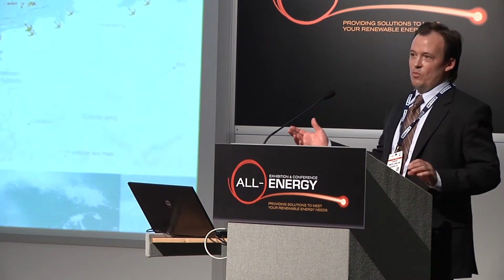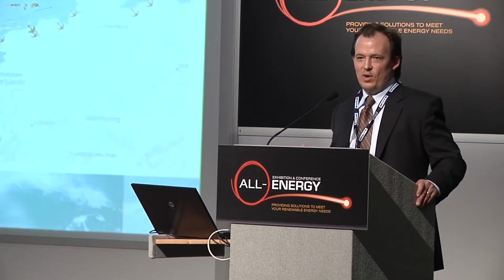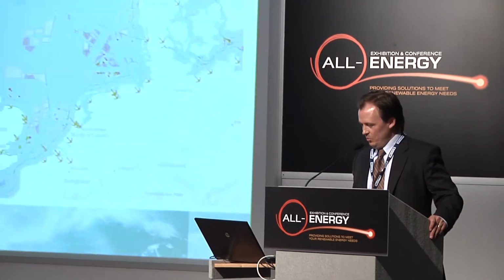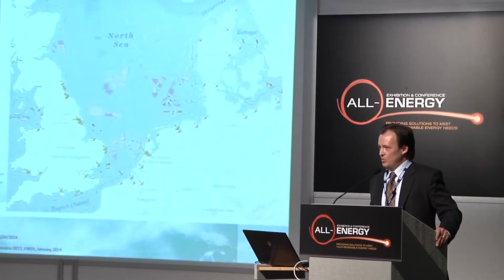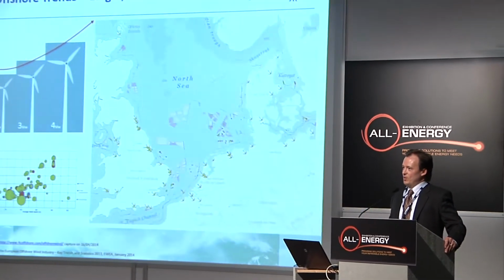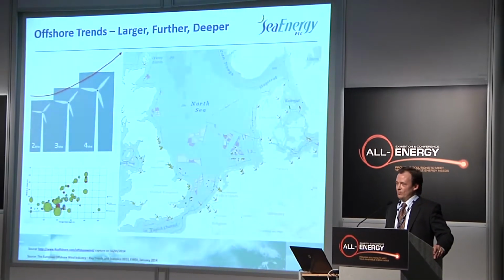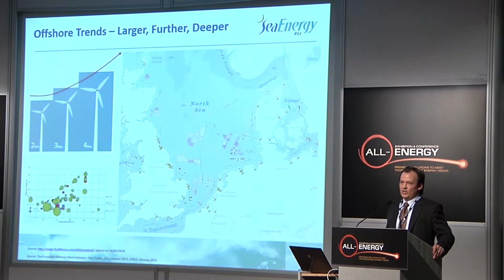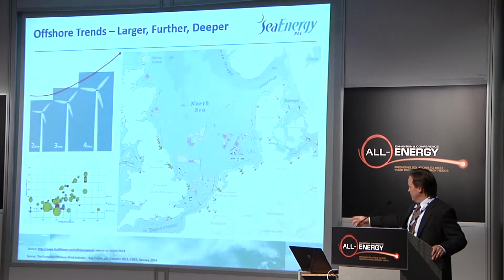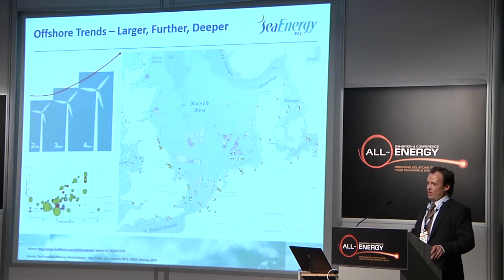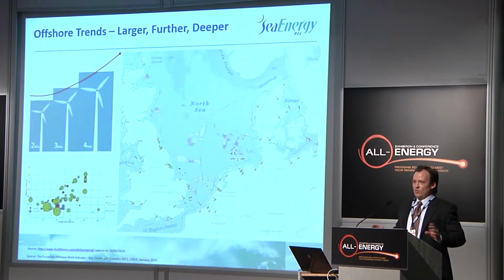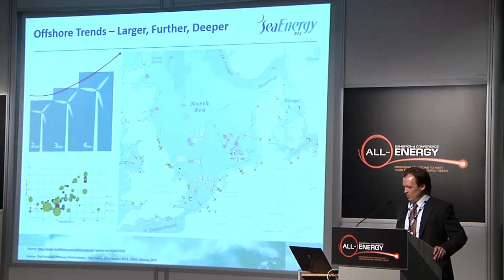This is just more evidence behind why we think dynamic modeling is important. We have bigger wind turbines, so when something goes wrong, it becomes even more valuable, and even more important to fix it as soon as possible. We're moving into deeper water. I think we all know the graph on the bottom left. We're working in deeper water, further from shore.